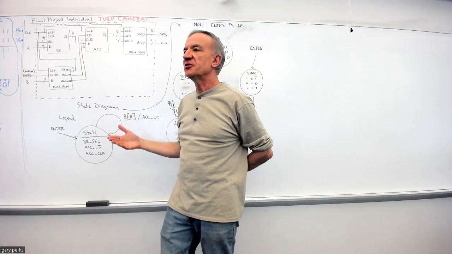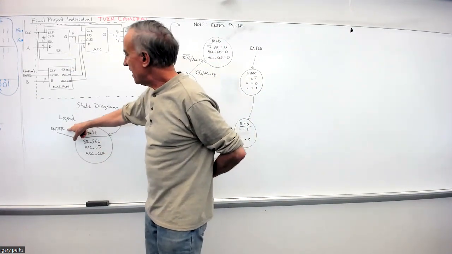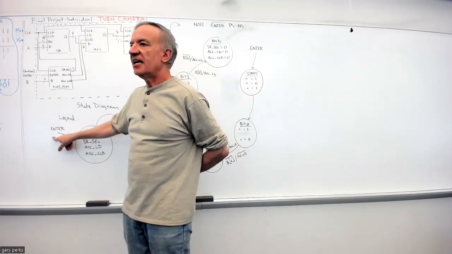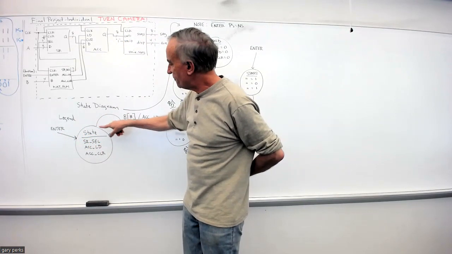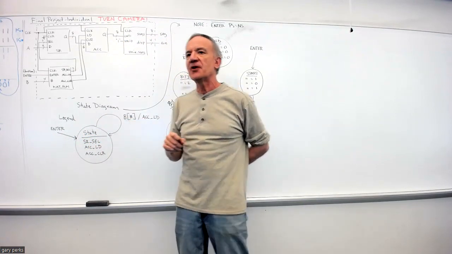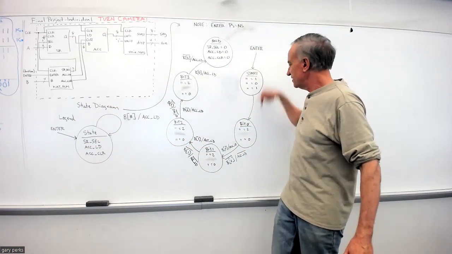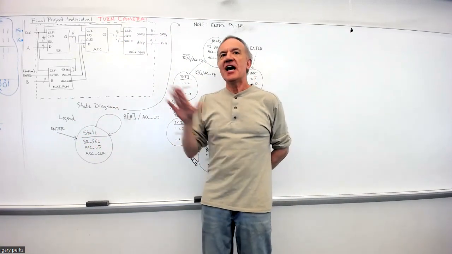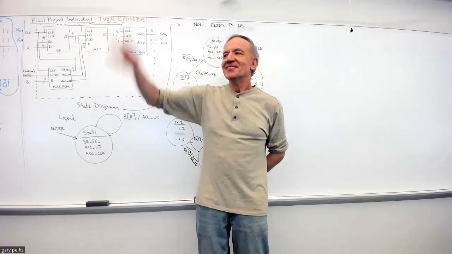Because remember, Moore outputs only depend on the state you're in. We have an enter over here. This enter is asynchronous. Then we have the curved arrow. What does the curved arrow represent? And notice the arrows are what's in between states. So what happens to go from one state to the next state? Give you a hint.